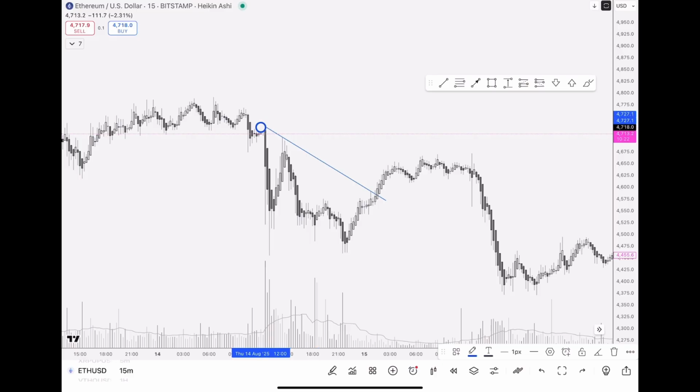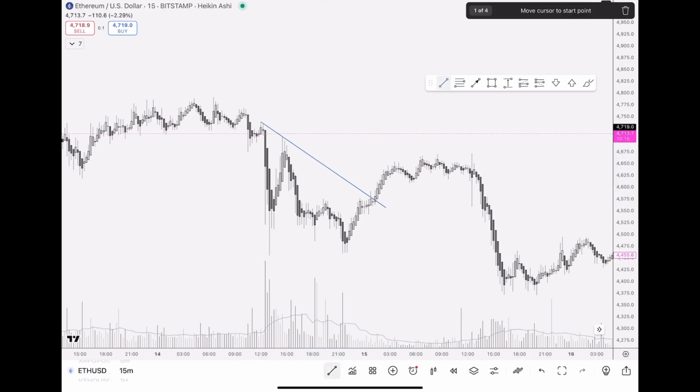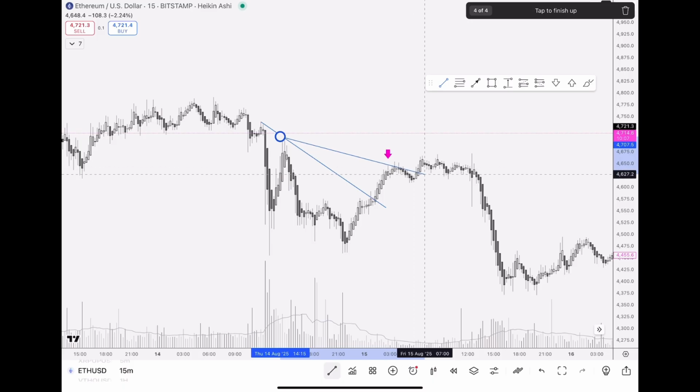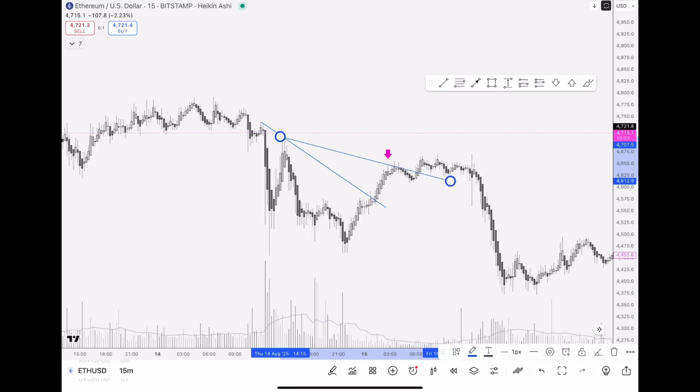Let's see if I can move this. There you go, for extra accuracy. So the next high is the one up here, and let's see what that does. There you go. You would have a signal to long after this close.